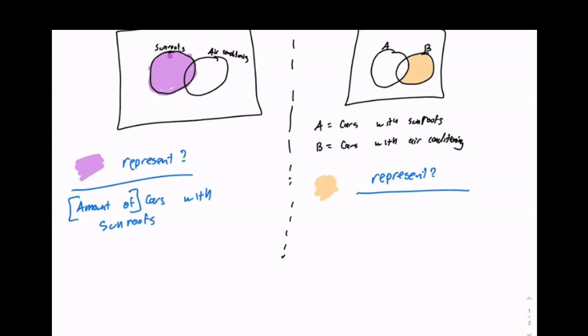Sorry, I was just reading the one on the left for a little bit. If the entire circle B was shaded, it would have been the cars with air conditioning, but the entire circle B is not.